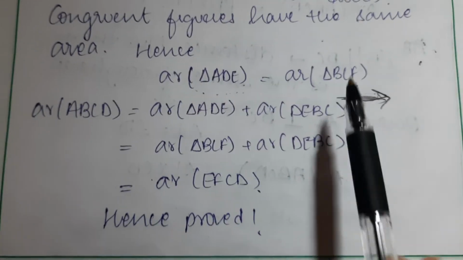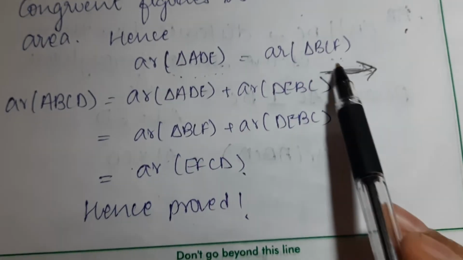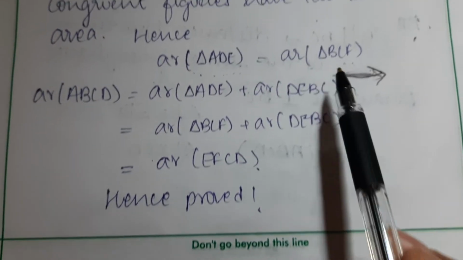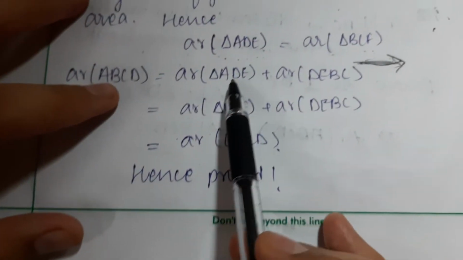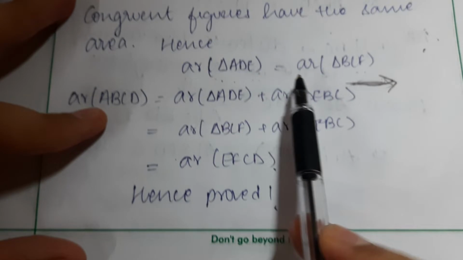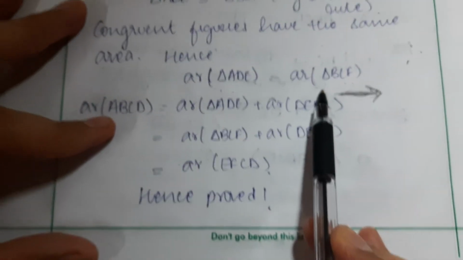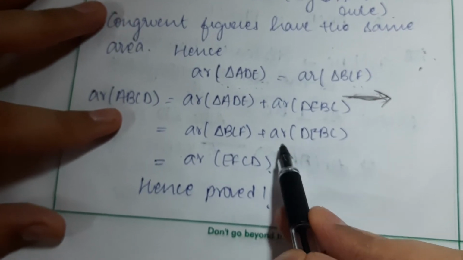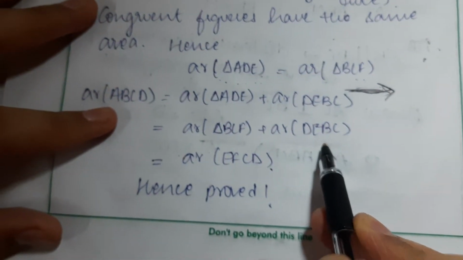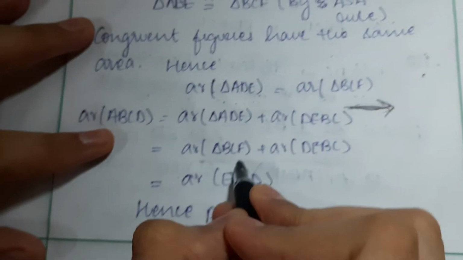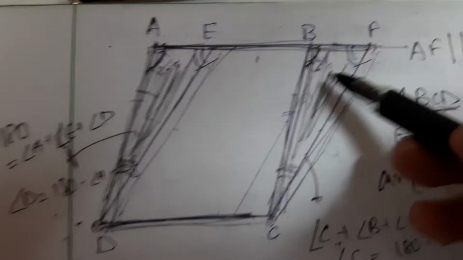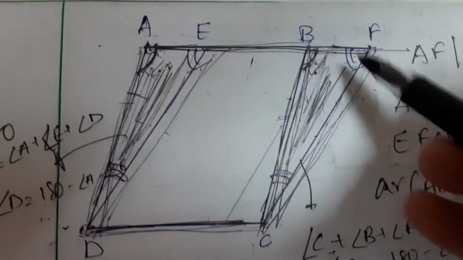But we already know ADE is equal to BCF, those two triangles that I was talking about. That means you can replace area of ADE by area of BCF. The area of BCF plus area of DEBC, which means this area plus DEBC, this side area.